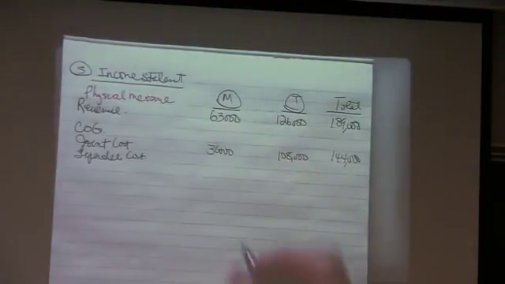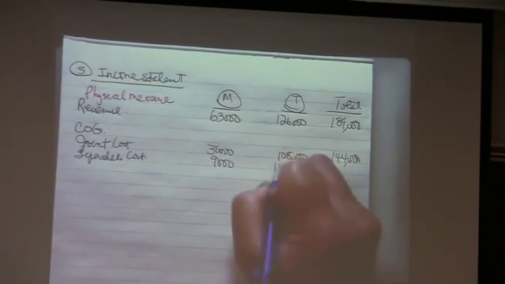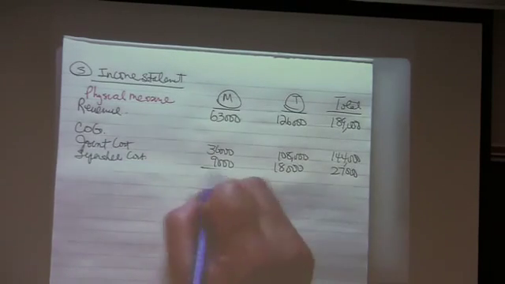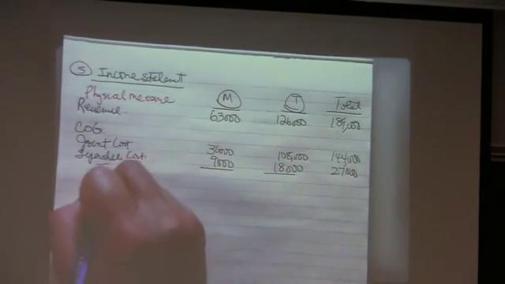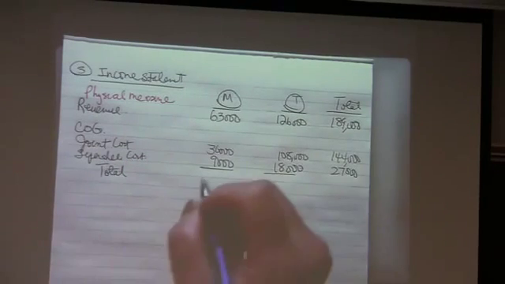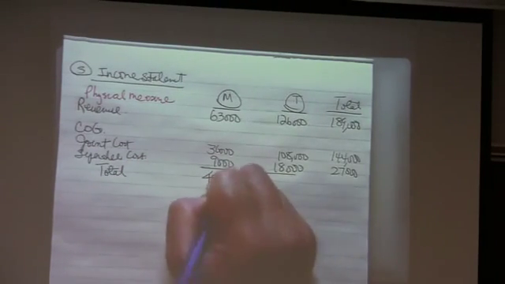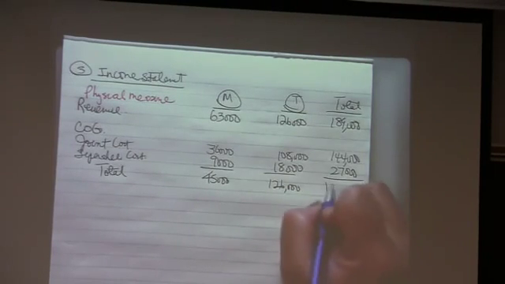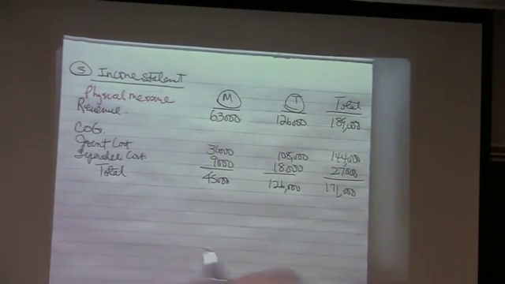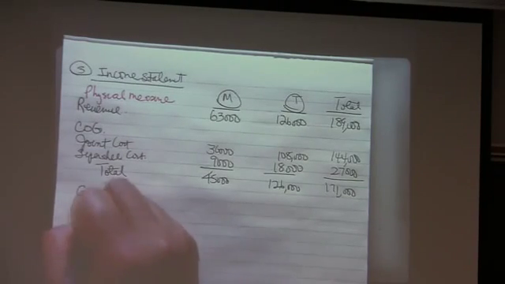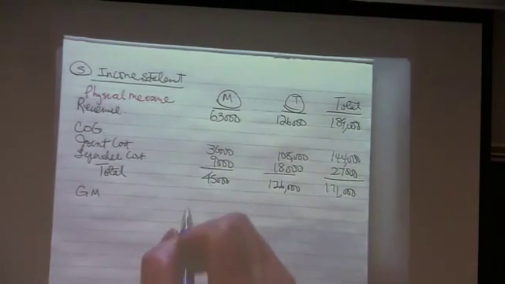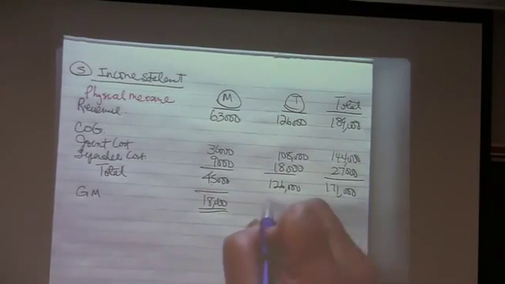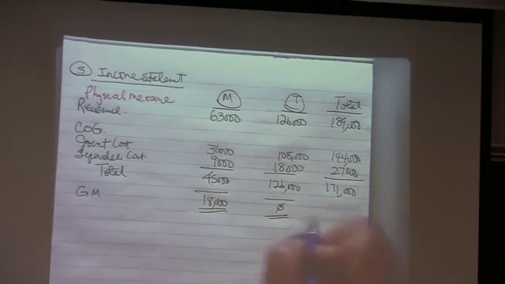So let's write that down. Total is 45, 126, and 171. So gross margin, so GM, is 63 less 45, gives me 18,000. And this one is 0.